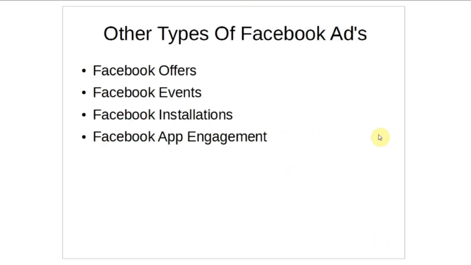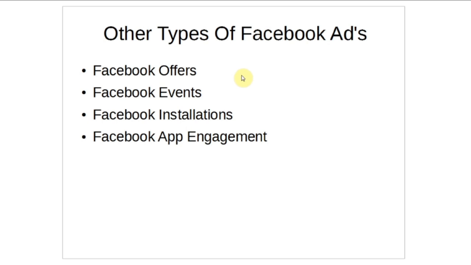Hi there. So in our previous videos, we've gone over some of the main ways that we use Facebook advertising for, the kind of main objectives we have, but there are still some other ad objectives that are available to you. One of the first ones is Facebook offers, where you have an offer that you wish to promote.